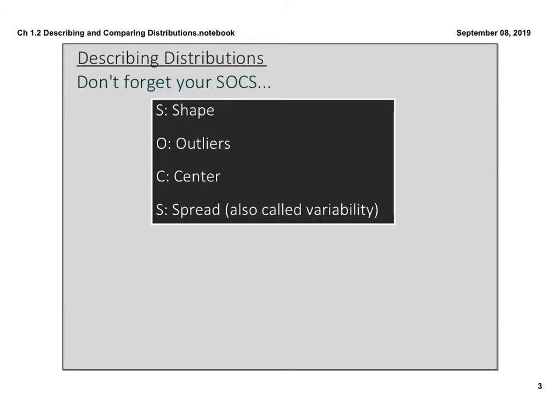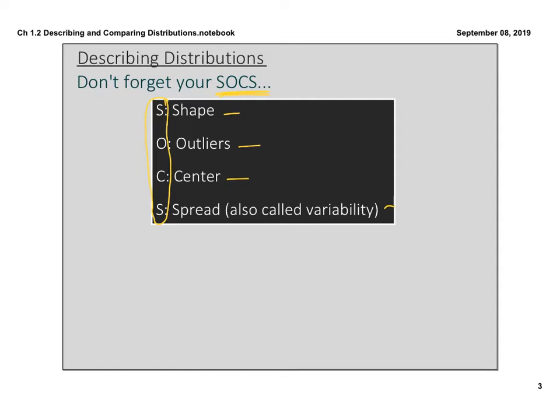One acronym that you will become familiar with that helps you when you're describing a distribution is SOCS. Don't forget your SOCS. When you're describing a distribution, you want to describe the shape, the outliers or any unusual patterns, the center, and the spread. You don't necessarily have to go in that order, but that's just an acronym for you to remember.